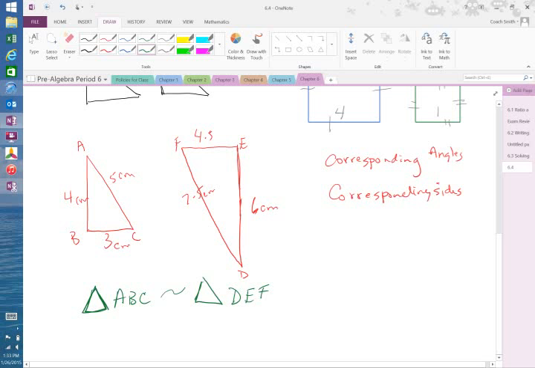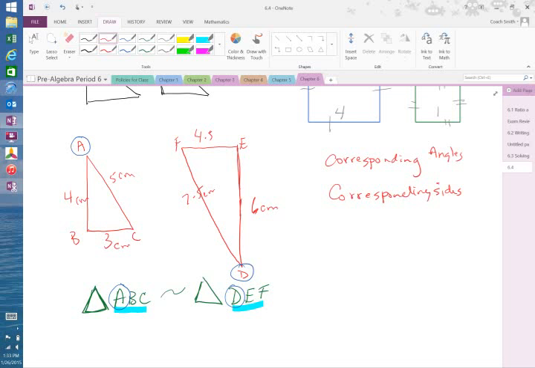Okay? That's what they mean by similar, the little sideways S, I guess. And what they're saying is this. The order that they list these letters in is very important. It is saying that A here and D there are the same point.